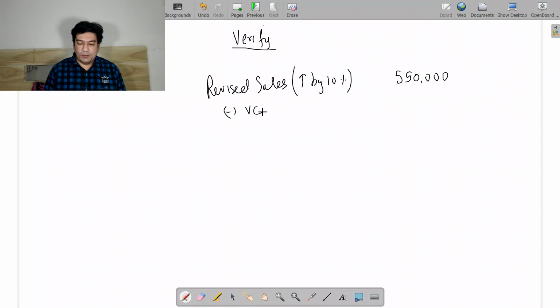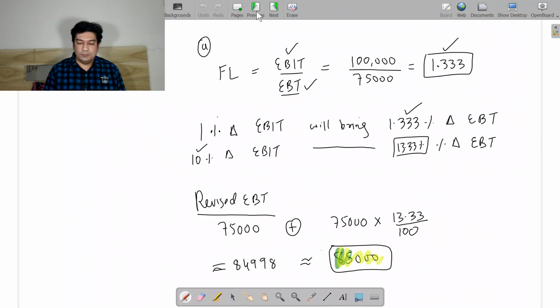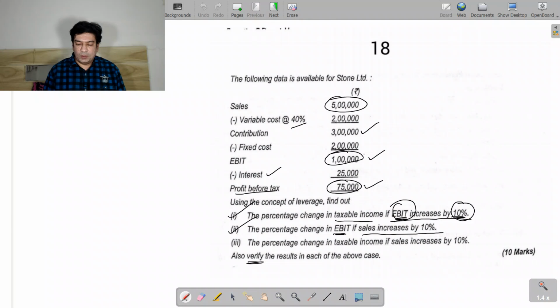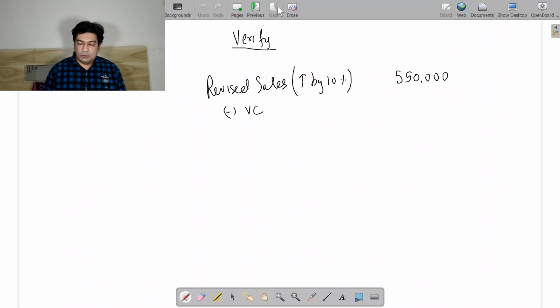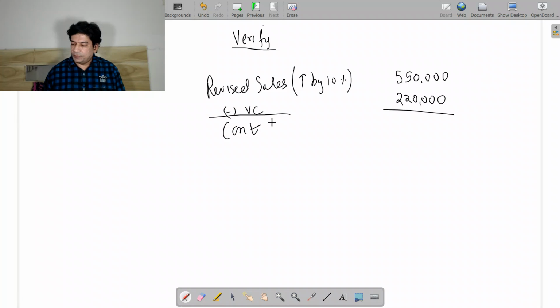Then you are going to subtract the variable cost. So your variable cost is 40% of your sales. So on 5 lakh 50 into 40%, so 2 lakh 20,000 will be my variable cost. Then I am going to get contribution, 5 lakh 50 minus 2 lakh 20. So 3 lakh 30,000 will be my contribution.